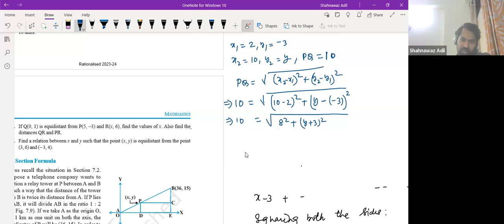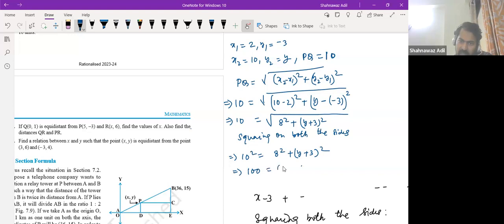So if you square on both the sides, this is 10 square and this root is 4, right? So this is 100.